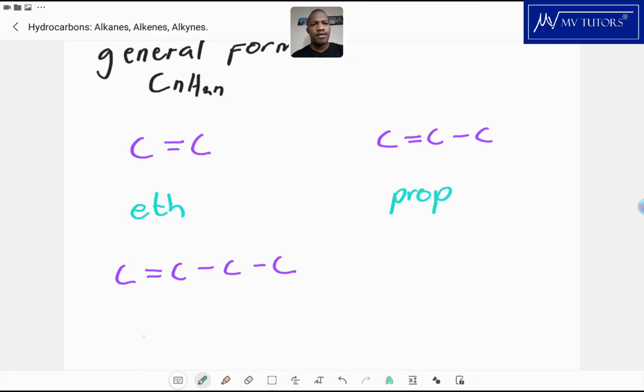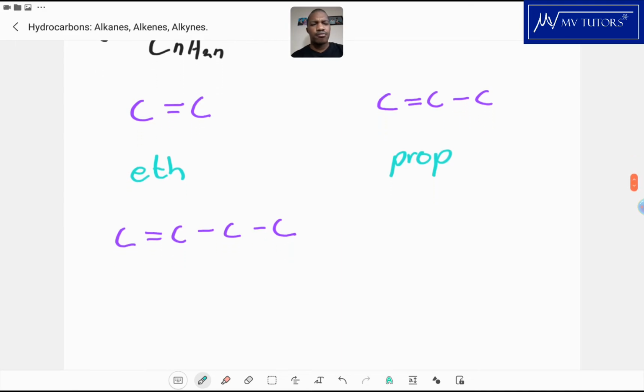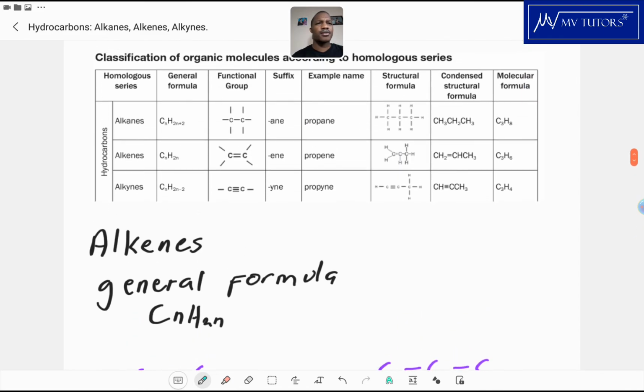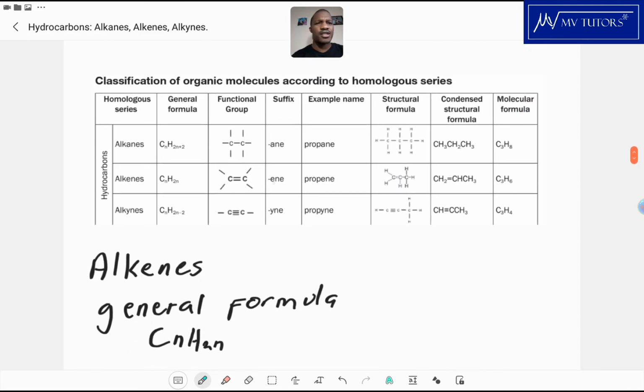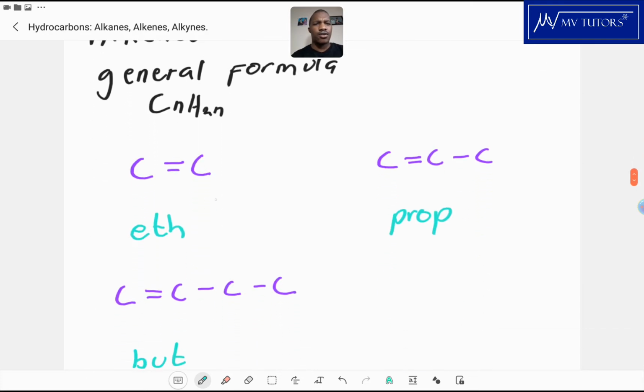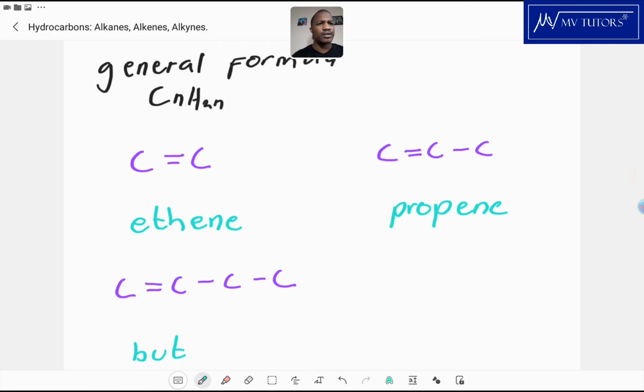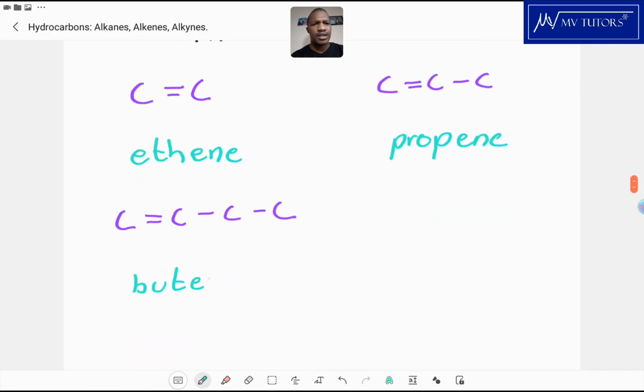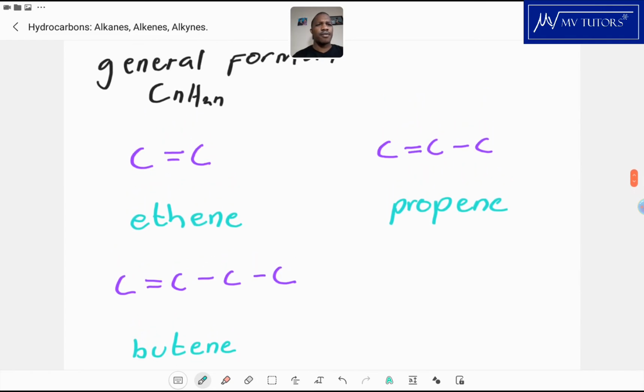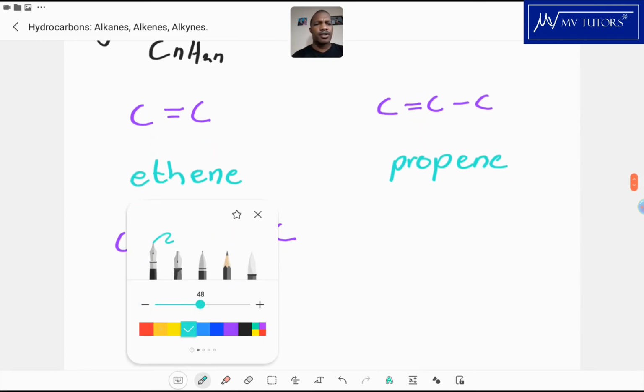This one, there's 4 of them, so it's a but. But because it must have its suffix, it's ene, so you just add the suffix to make it ethene, propene, butene. That's it.